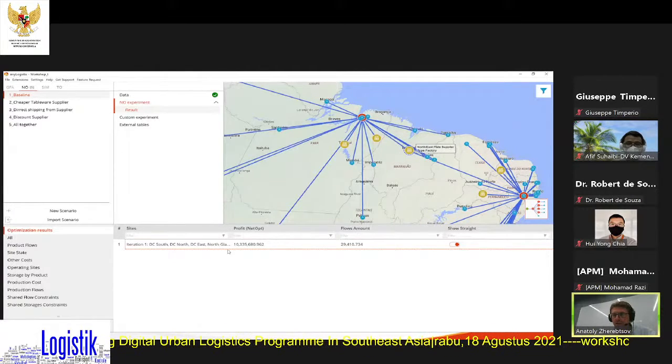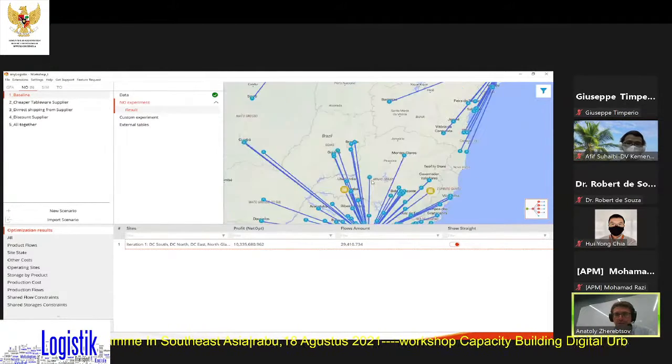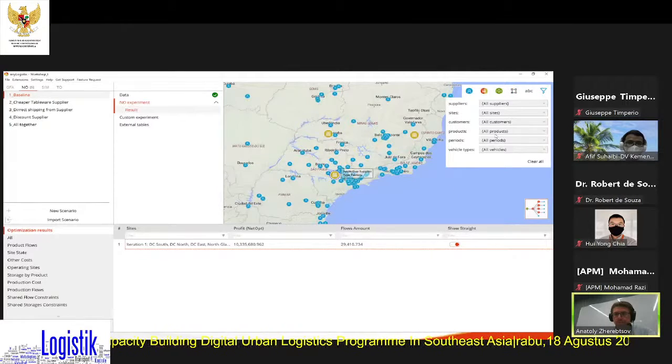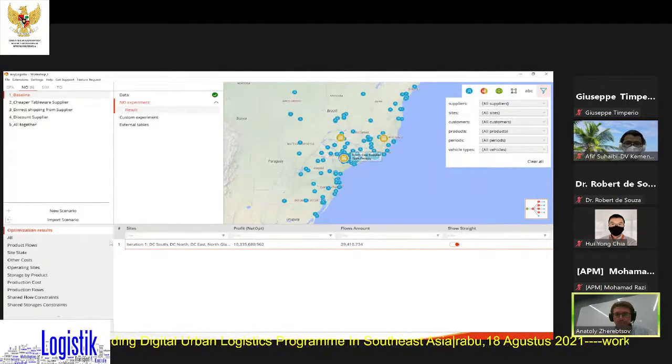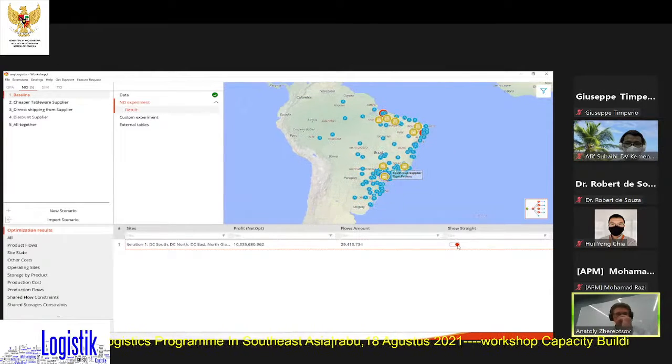These two supply Eastern distribution center, and these three suppliers supply distribution center to the south. So this is the baseline scenario.